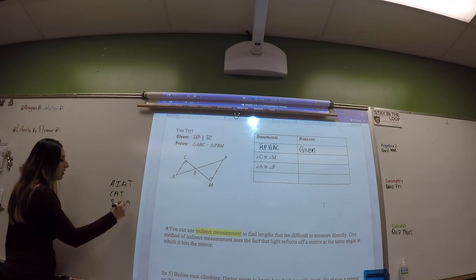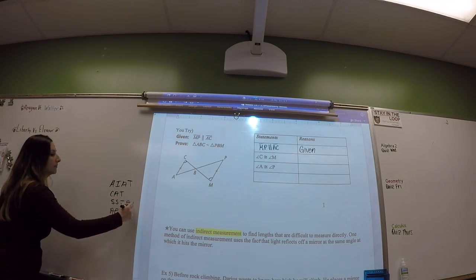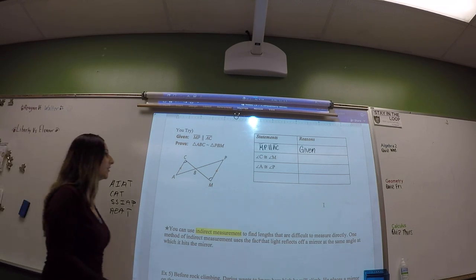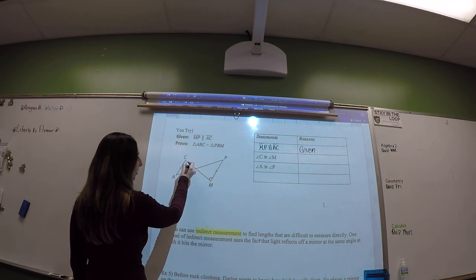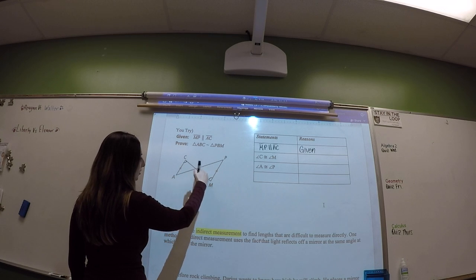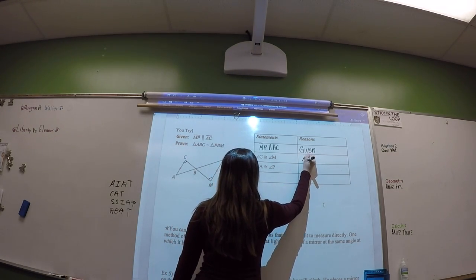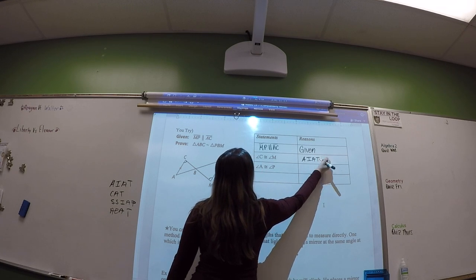Those are all our things from parallel lines. It's the fact that they're alternate, because they're on opposite sides of this transversal, and these are the parallel lines. So they're congruent by the alternate interior angle theorem.